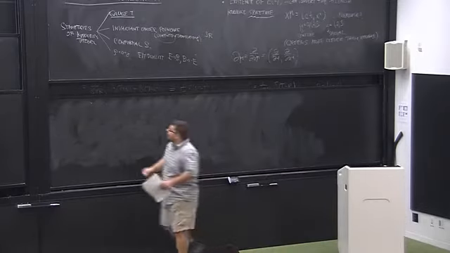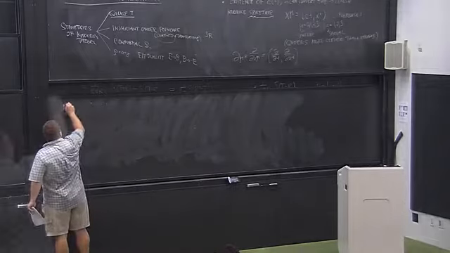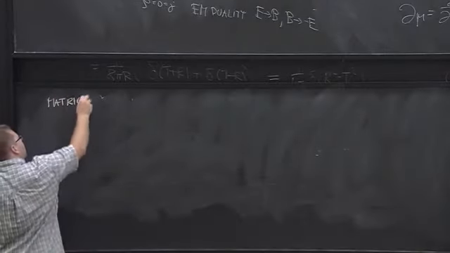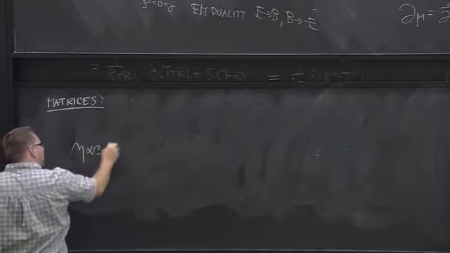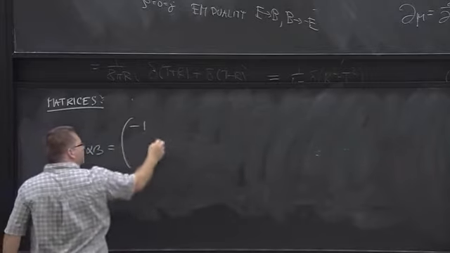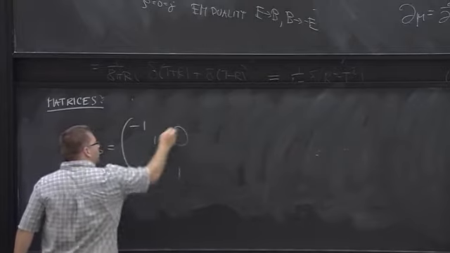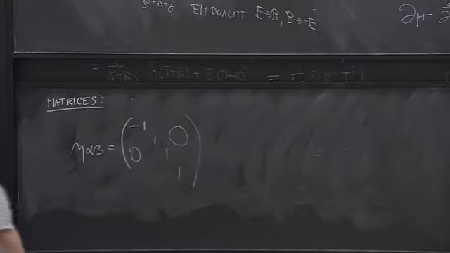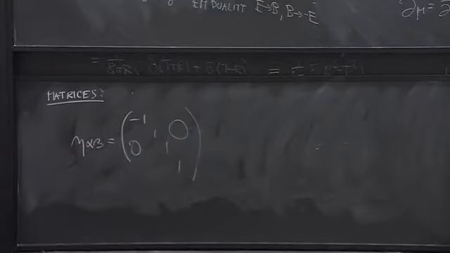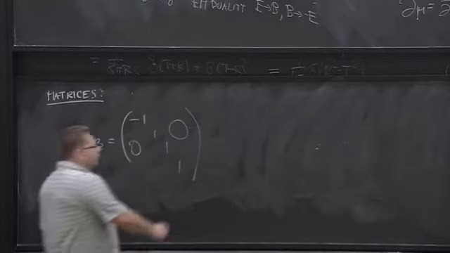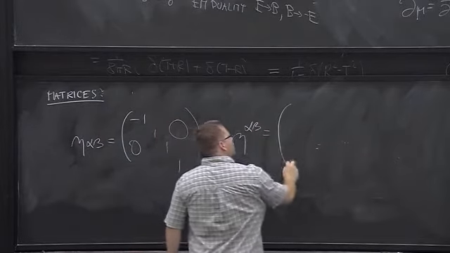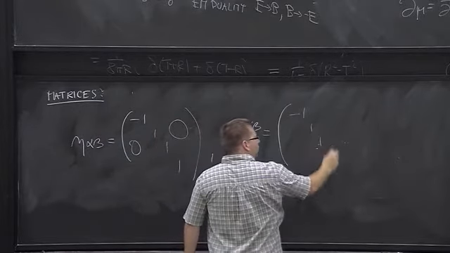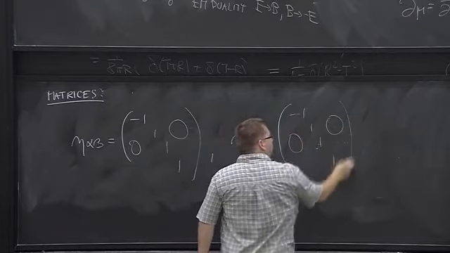All right, so now I can introduce the matrices. And then you write eta alpha beta is minus 1, 1, 1, 1, and 0 everywhere else. So it's only on the diagonal that they are non-trivial. And then you can introduce its inverse. So eta alpha beta looks precisely the same: minus 1, 1, 1, 1, 0 elsewhere.